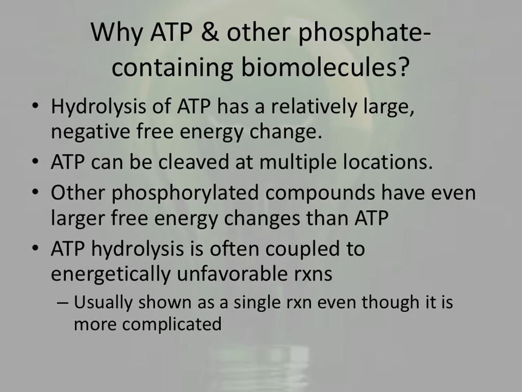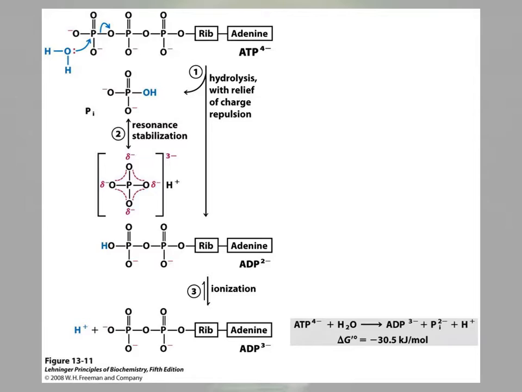And then the second point is the fact that ATP actually can be cleaved at multiple locations. Let me show you what I mean. This is showing ATP being cleaved at the terminal phosphate. But we could also see where the nucleophile could attack here, and if so, AMP would be the product.